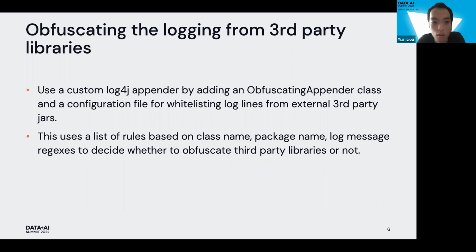For this, we use a list of rules based on the class name, package name, and log message regexes to decide whether to obfuscate third-party libraries or not. It depends on the third-party libraries you're using in your case, but we've noticed that some third-party libraries require obfuscation while others do not.